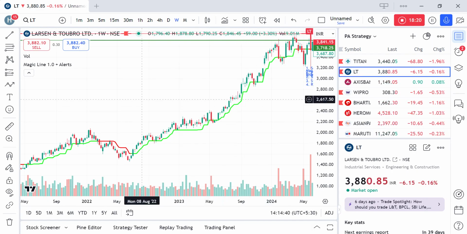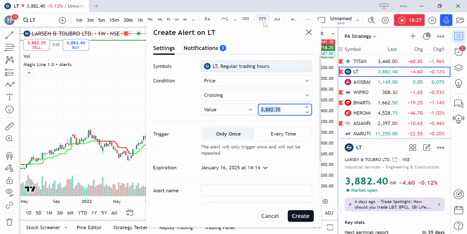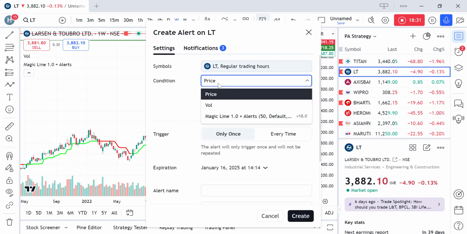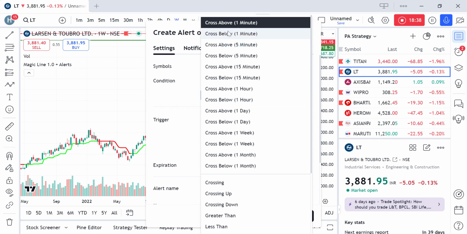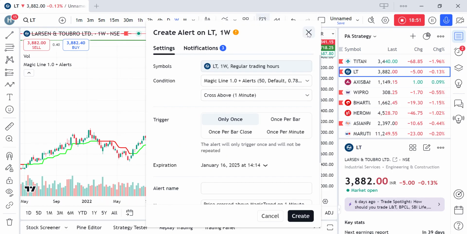There are some additional features in this indicator, which are alerts. To set the alerts, you can click on the alert, create alerts. In the conditions, you need to choose the magic line 1.0 plus alerts. Then you can choose anything from this above section. If you are trading on 1 hour, you can choose cross above 1 hour, cross below 1 hour. This will alert you whenever the crossovers are there.